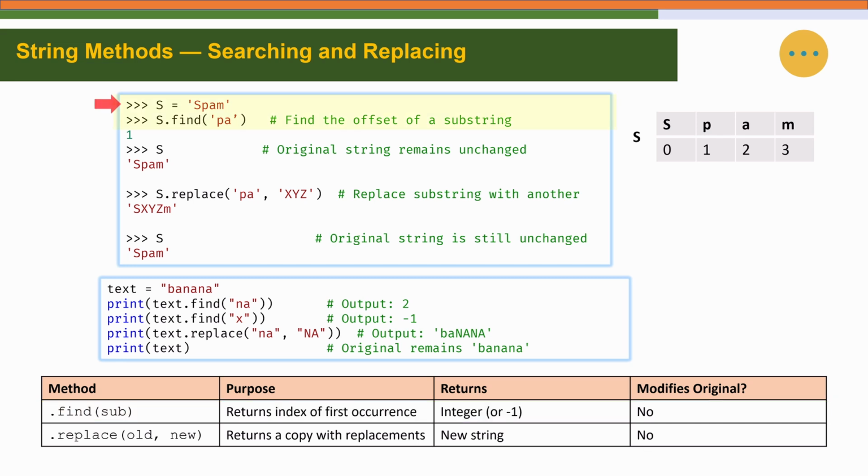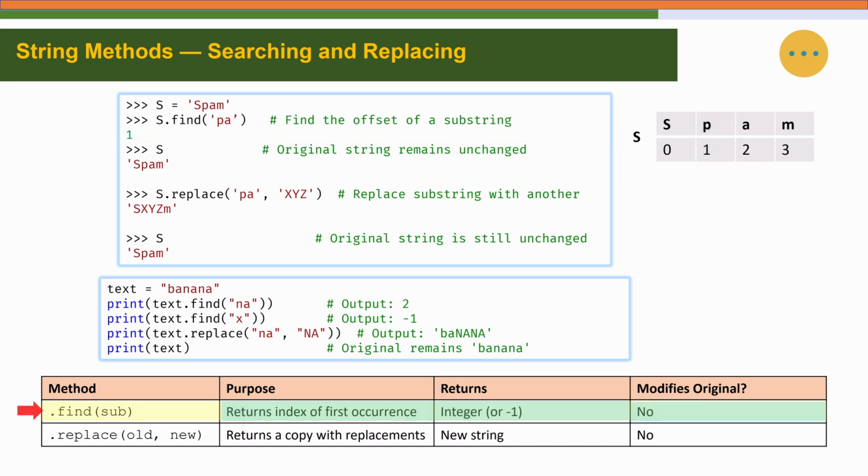For example, s is equal to spam. Calling s.find PA returns 1. That's because the substring PA begins at index position 1. So remember, Python uses zero-based indexing. If the substring is not found, .find returns -1, which is handy for conditional checks.